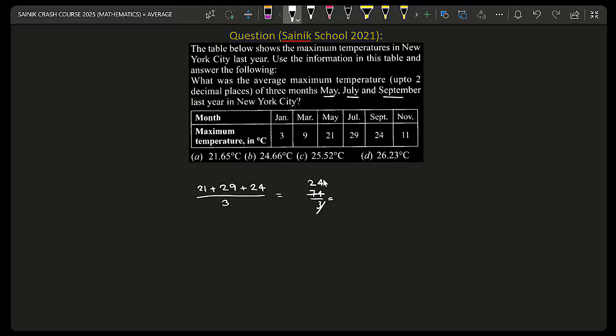3 sixes are 18. The remainder is 2. Again, because of the decimal, 2 becomes 20, 3 sixes are 18. So is this process going to stop?